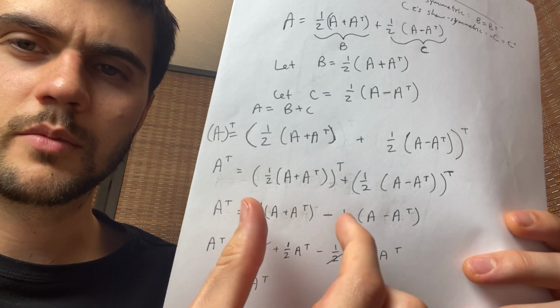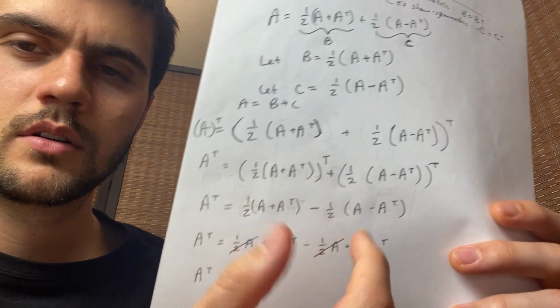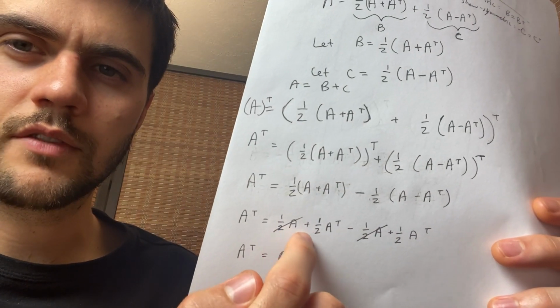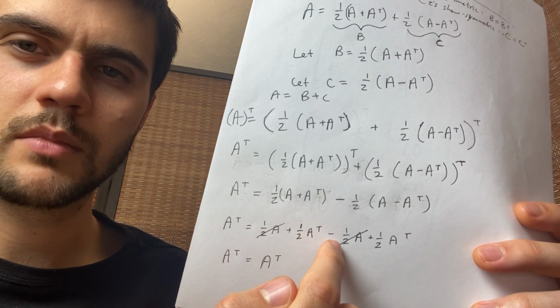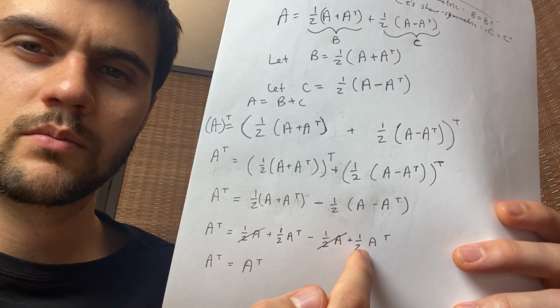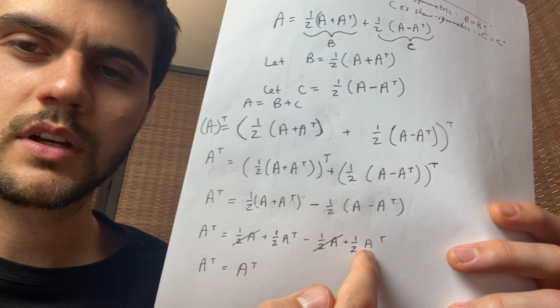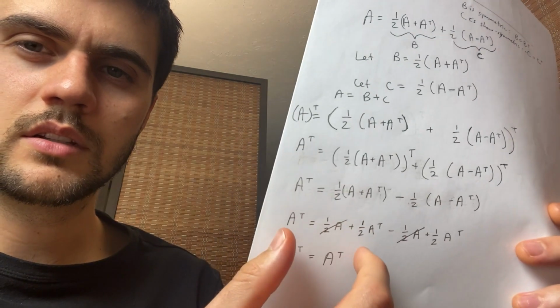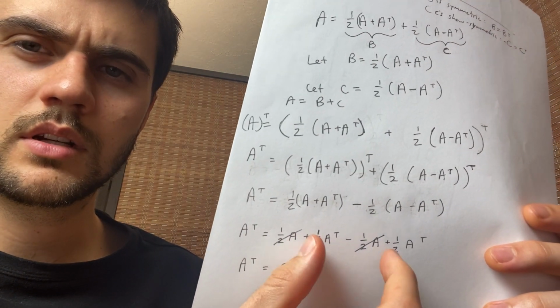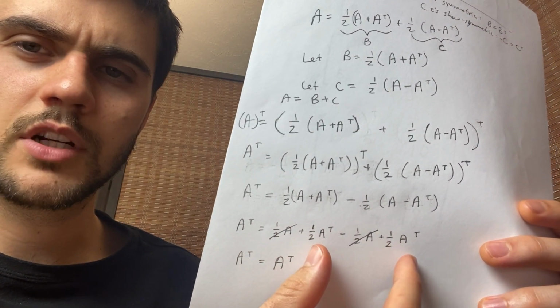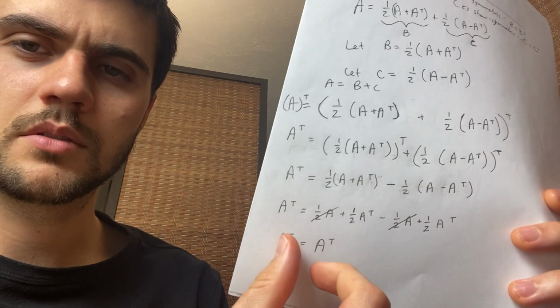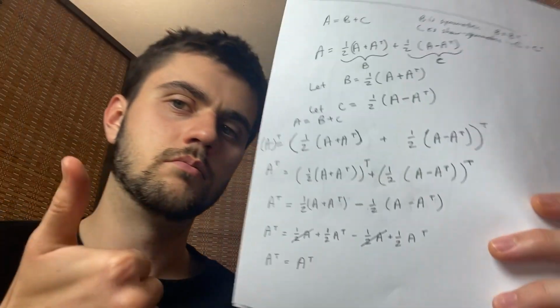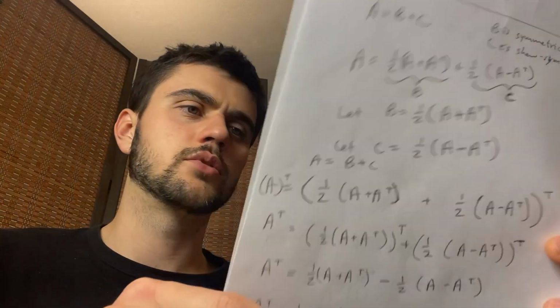And then I do the distributive property and get 1/2 A plus 1/2 the transpose of A minus 1/2 A plus 1/2 transpose of A. Cancel out the A terms, add the transpose of A, and then we get that A transpose equals the transpose of A. So that should prove it.